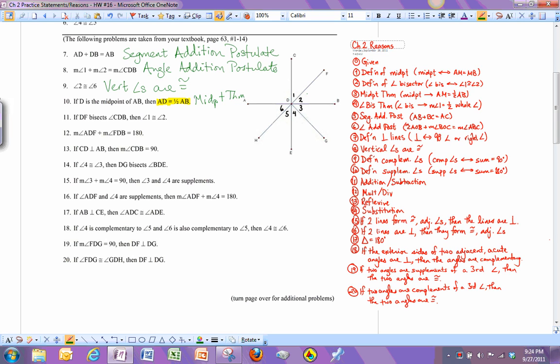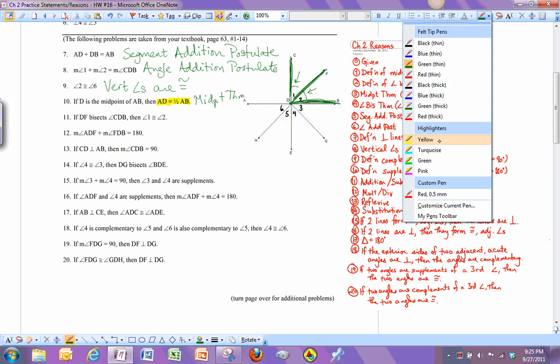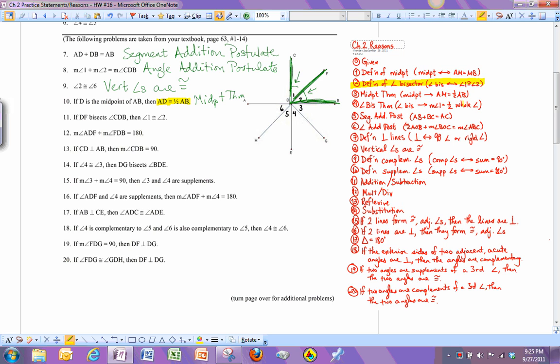Okay, 11 says if DF, where's F? Here it is. If DF bisects angle CDB, that angle, then 1 and 2 have to be the same. Okay, so we have a bisector, and that tells us that these two angles are the same. So the ones that deal with bisectors are 2 and 4.